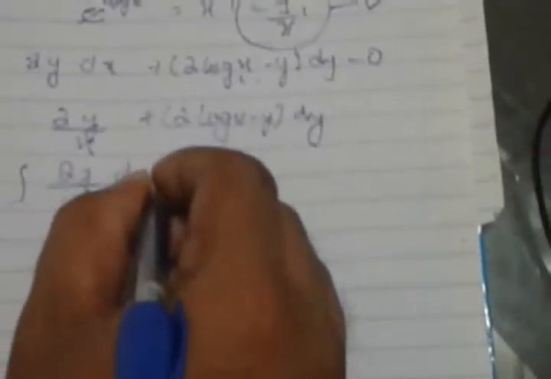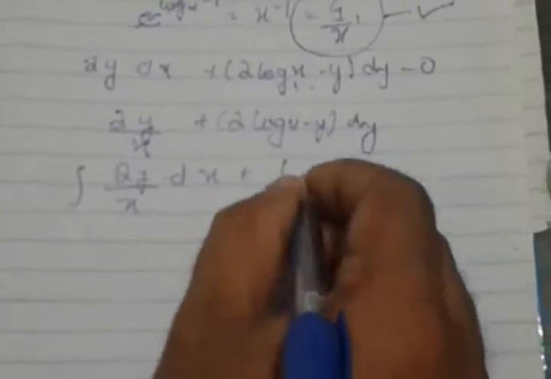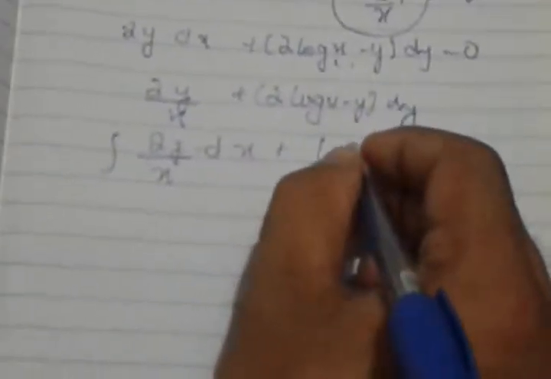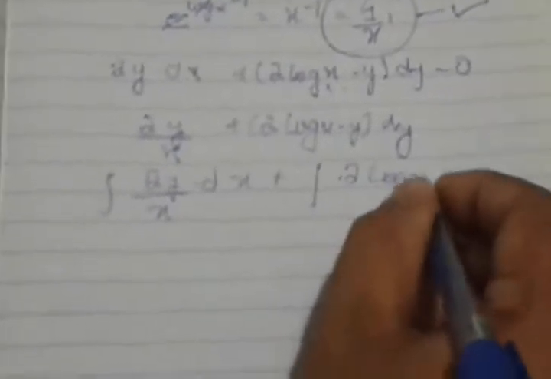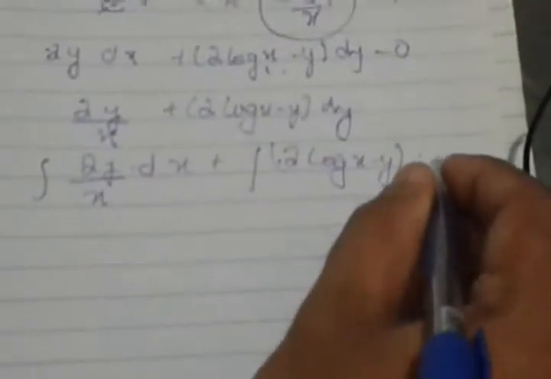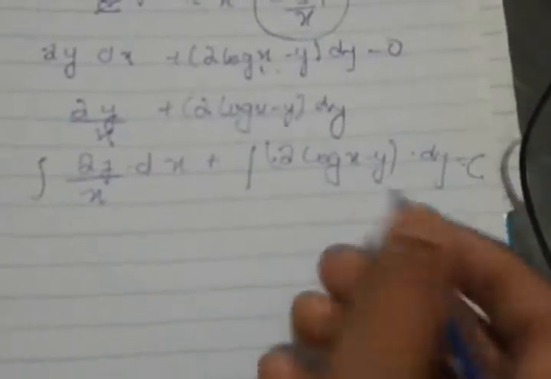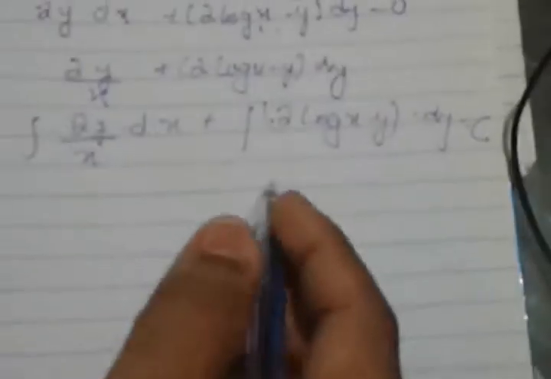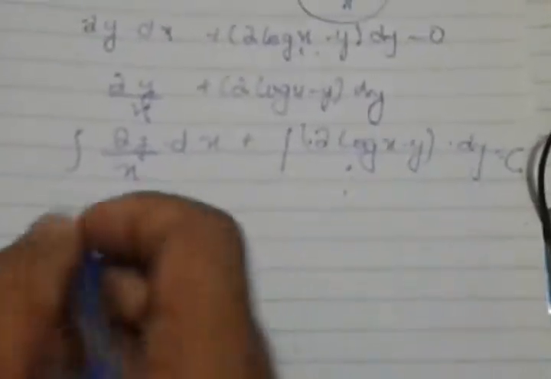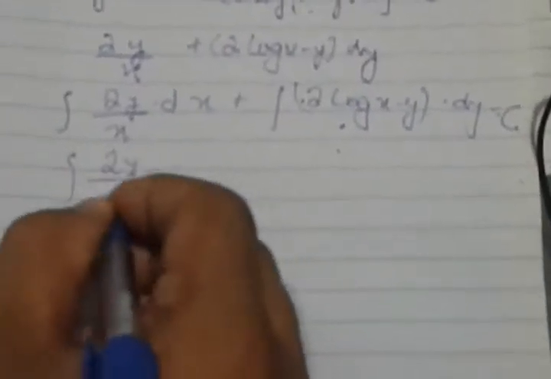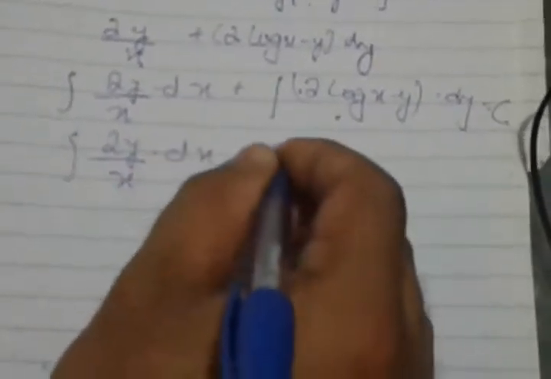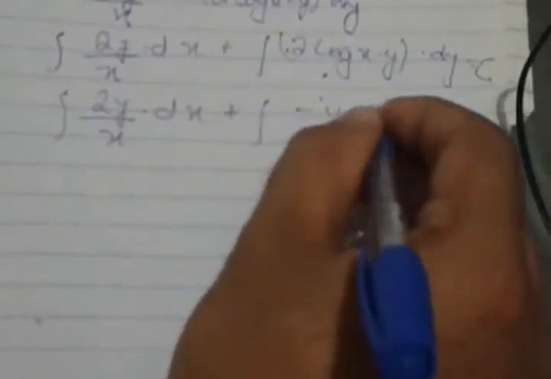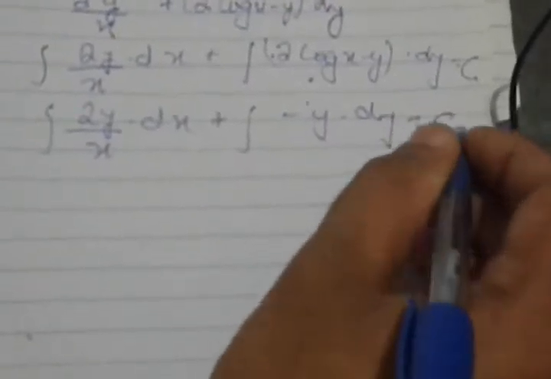Now after integrating, the integral of 2y over x dx plus the integral of (2 log x minus y) dy equals c.